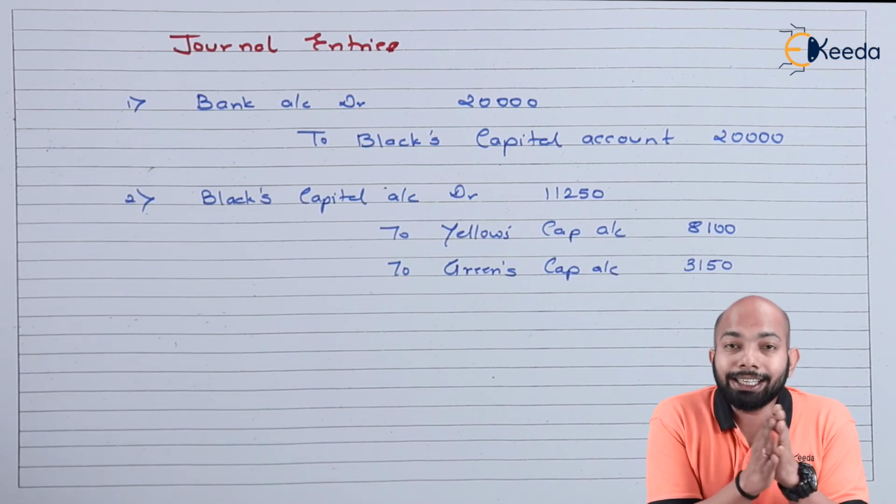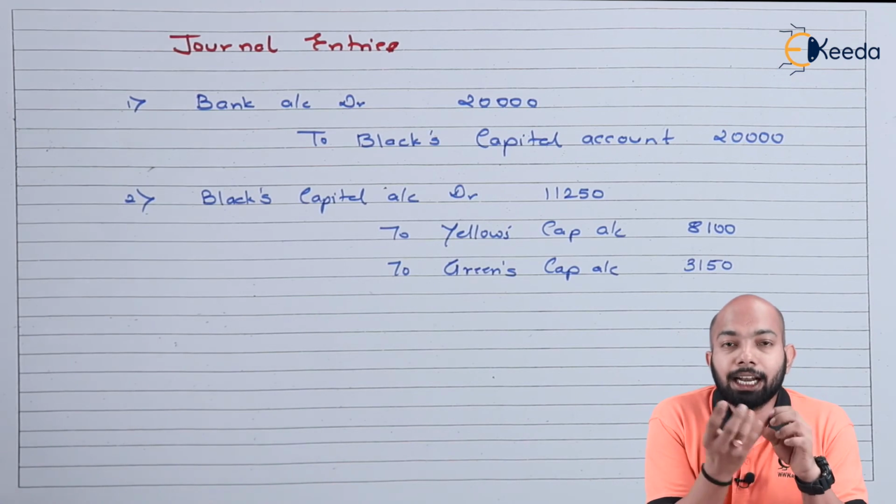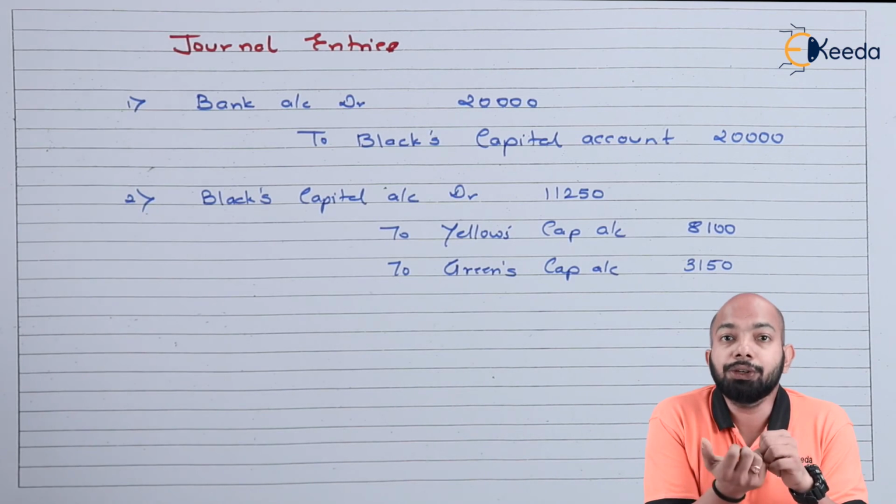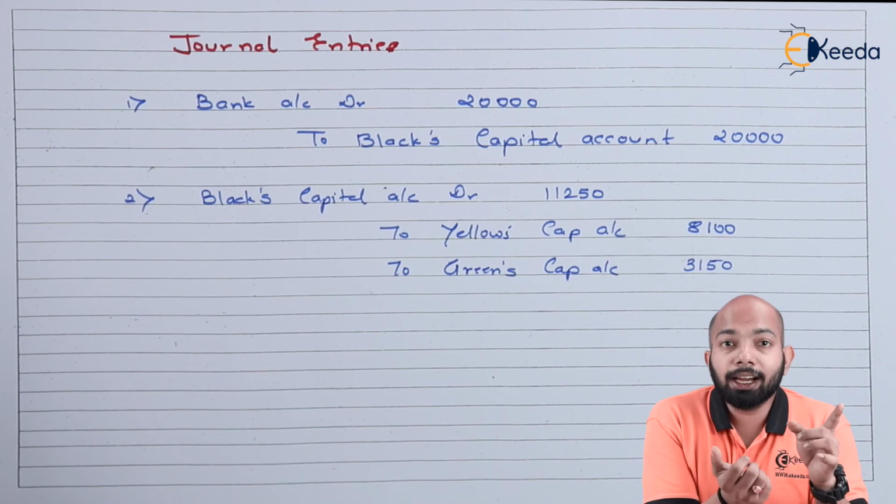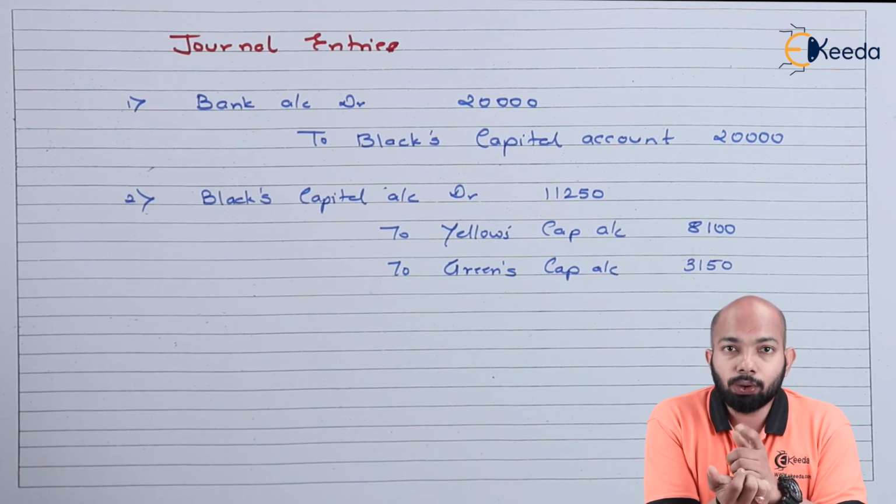So if you can see the journal entries that have been passed here, the first entry is the capital amount brought in by the new partner, that is black. So bank account debit to black's capital account.